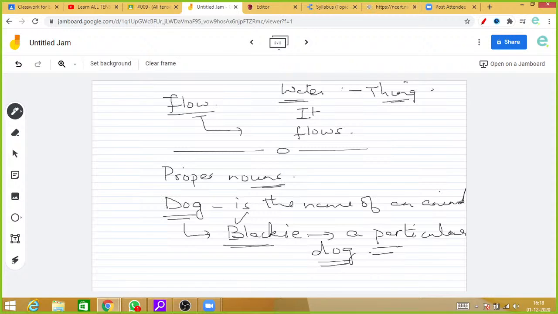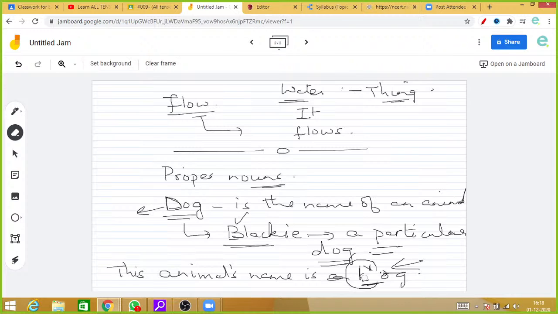Now, even dog can be used with a capital D sometimes. Like this, if instead of this dog's name is Blackie, you write this animal's name is dog, then you can use capital D here because here you are talking about a particular animal which is a dog.